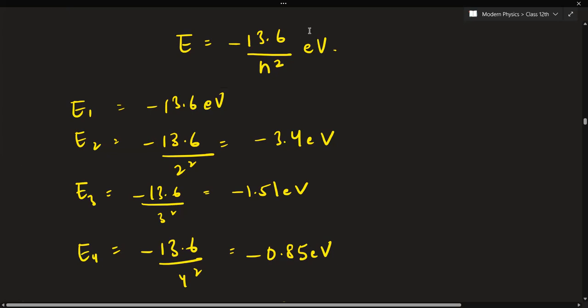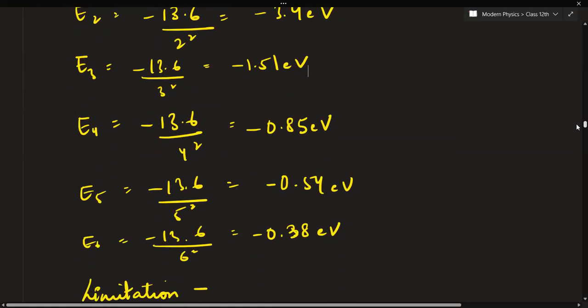Same thing. If I write N is equal to 3, that is minus 13.6 divided by 3 square, that is 9, I get minus 1.51 electron volt. If you take N is equal to 4, you get minus 0.85 electron volt.